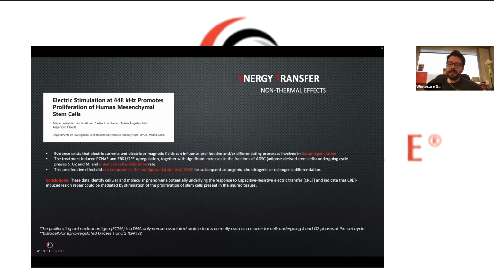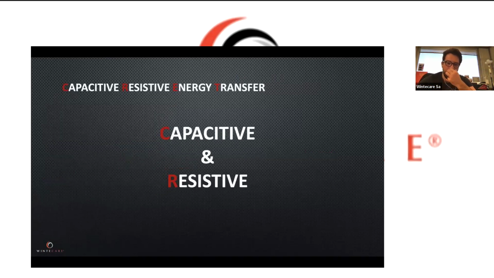So from one end, we support the transport system of our body, our circulation, bringing oxygen and nutrition, but at the same time, we are able to increase the amount of raw material and workers available on site. Okay, so this is the amazing part of a tecar treatment, especially when we are dealing with tissue regeneration.